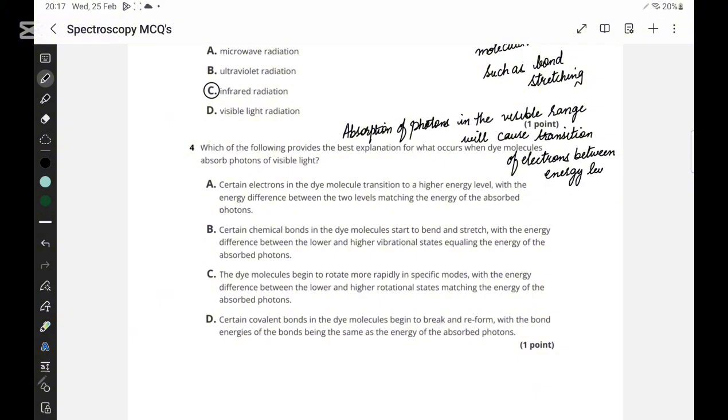So the right option is going to be A, because they are saying that certain electrons in the molecule transition to a higher energy level, with the energy difference between two levels matching the energy of the absorbed photons. That is the right option.